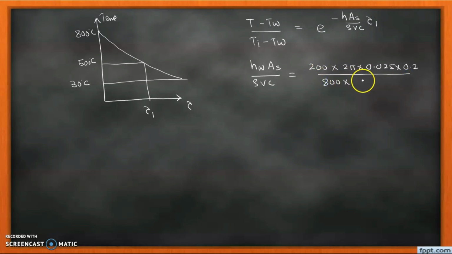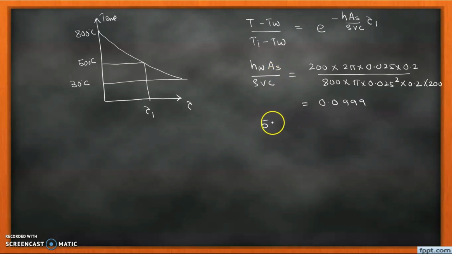The volume is pi r square into L. So pi into 0.025 whole to the power 2 into 0.2, into the specific heat 200. So finally we get the value of h_w As upon rho Vc, that is 0.0999.